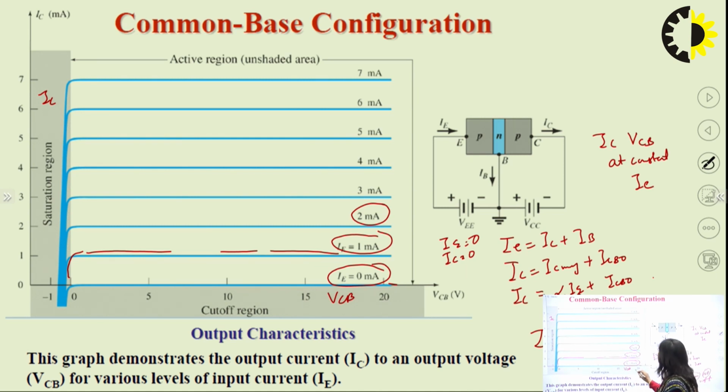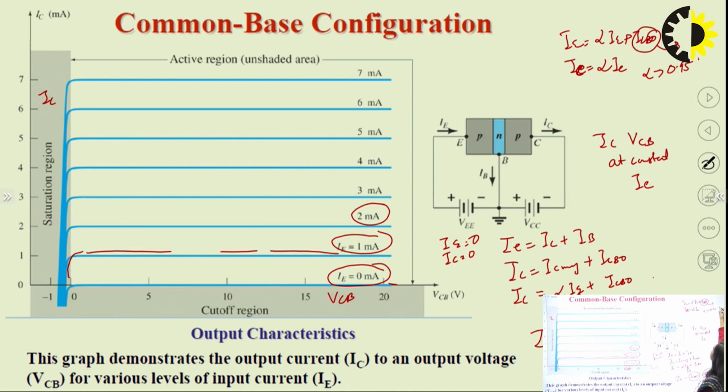And we can also know that IC is equal to alpha IE plus ICBO, and ICBO is negligible because it is a reverse saturation current. So IC is equal to alpha IE, and the value of alpha generally lies between 0.95 and 0.99.